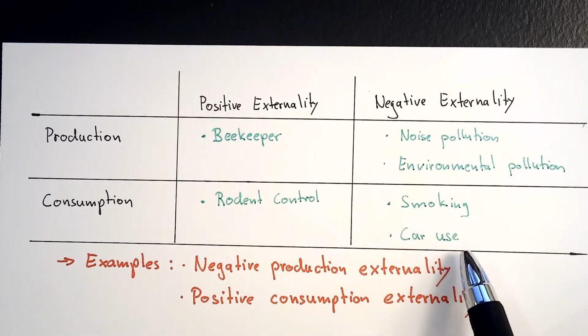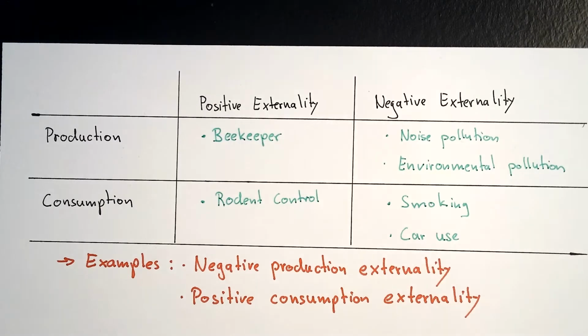Another example would be car use. If you are using a car, you are emitting pollutants, and you are not paying for those pollutants. So this would be a negative consumption externality.